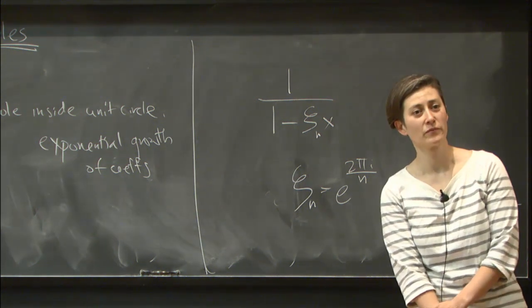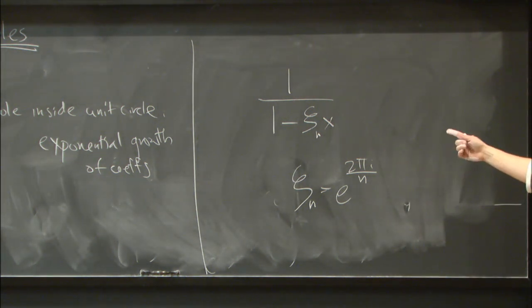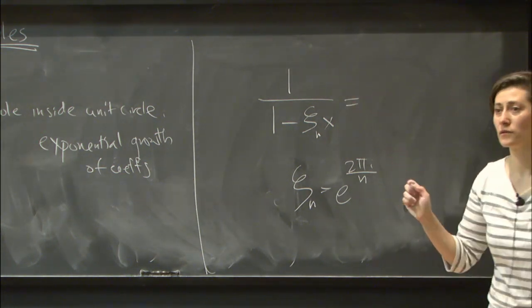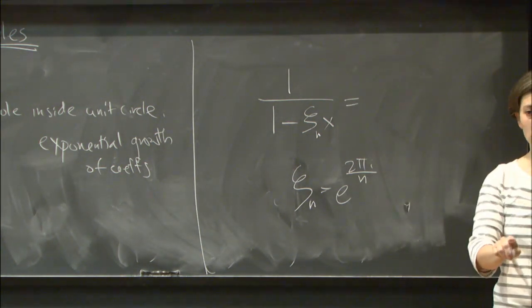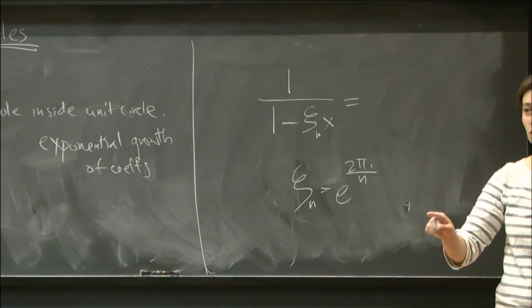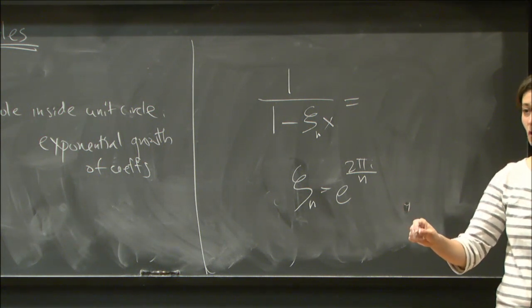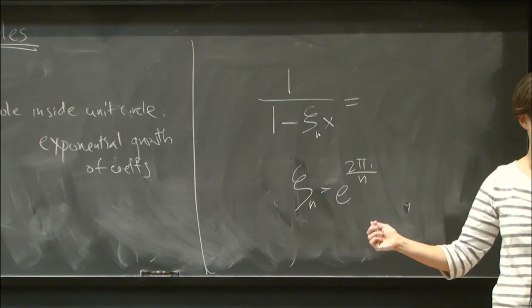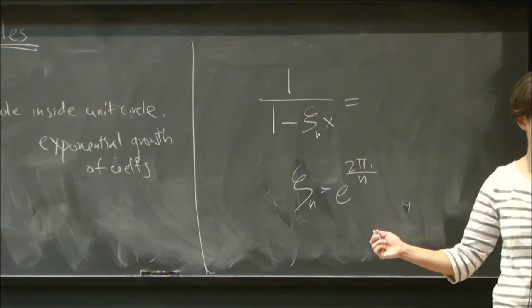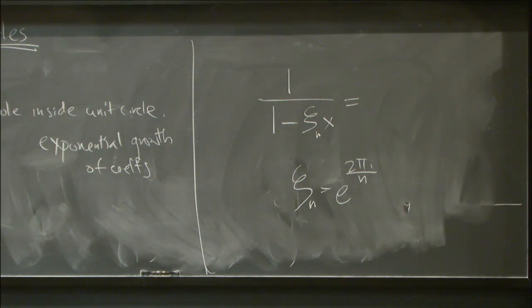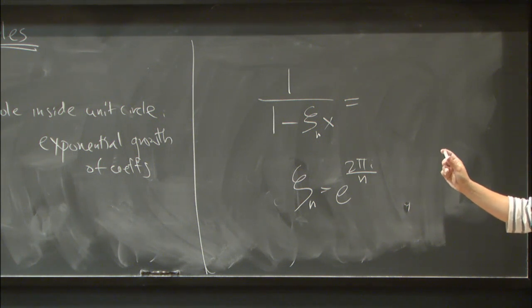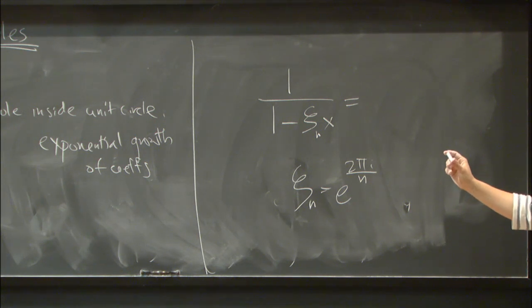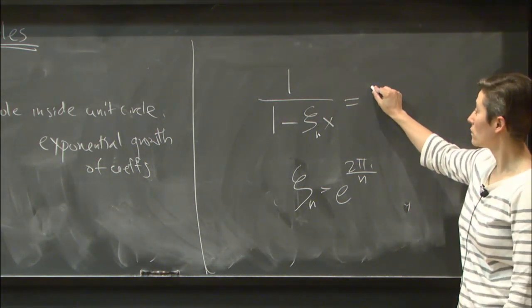Someone I haven't heard from yet, talk about what happens when I write this out. Geometric series expansion, get me started? Okay, so I guess it cycles through the powers of that, like each k over n for each integer k less than n.